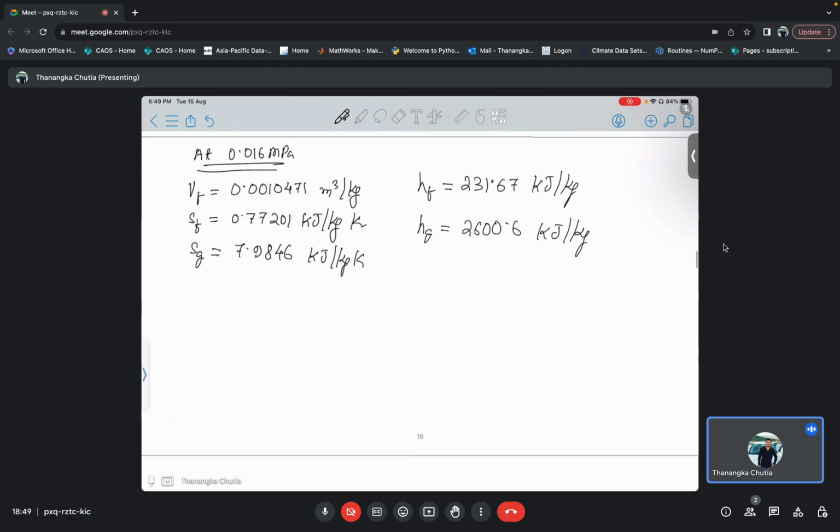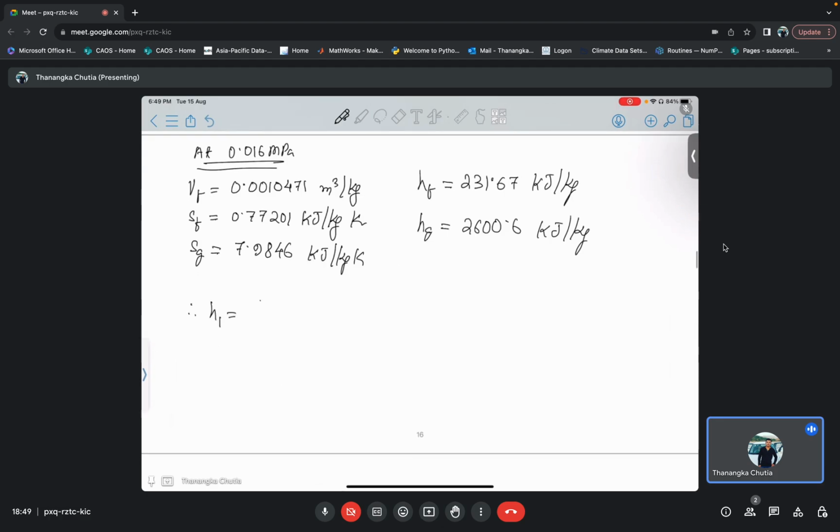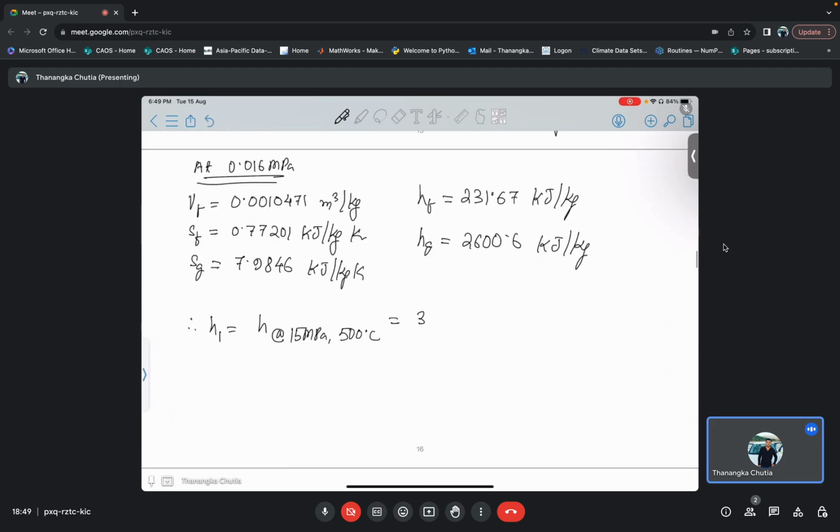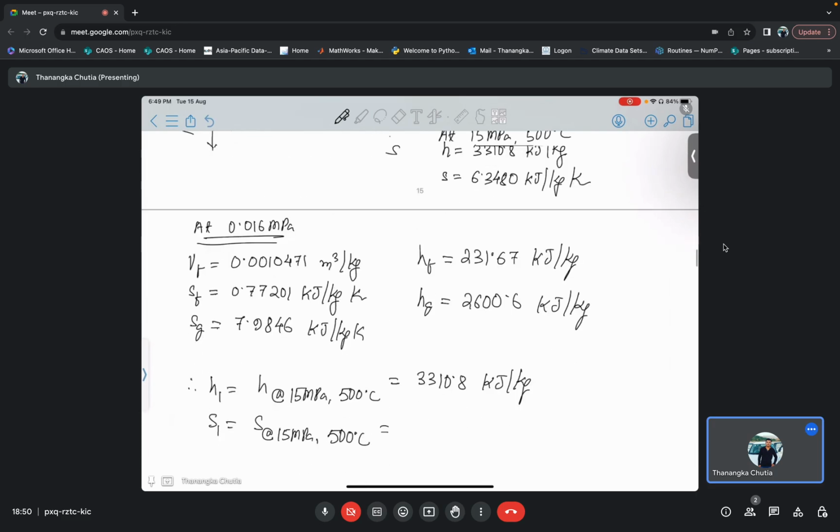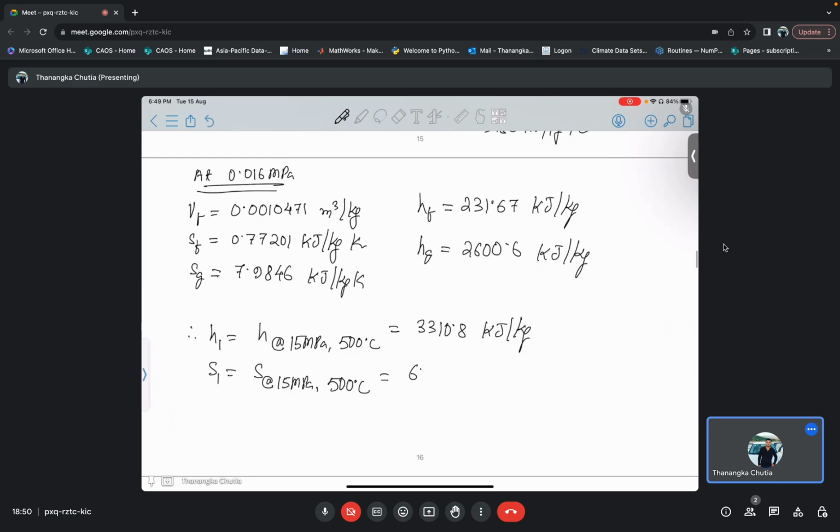So therefore H1 is nothing but H at 15 megapascal and 500 degrees Celsius, that is equal to 3310.8 kilojoule per kg, and my S1 is nothing but S at 15 megapascal and 500 degrees Celsius, that is 6.3480 kilojoule per kg Kelvin, okay.